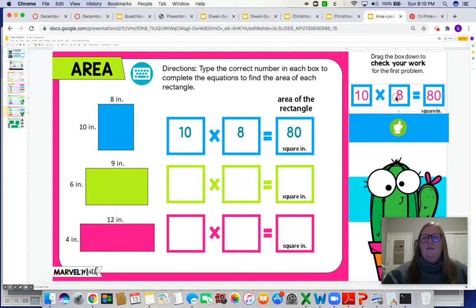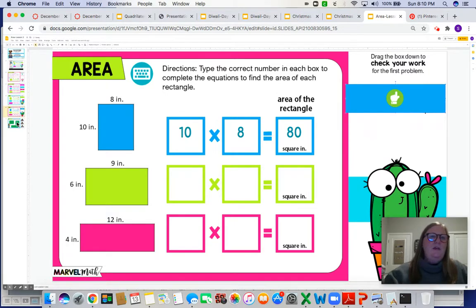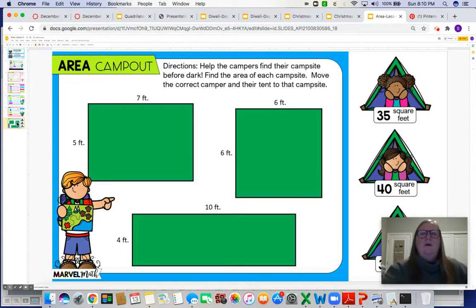The last one is a little bit of fun, I think. It's about camping. It says, help the campers find their campsite before dark. Find the area of each campsite and then move the correct camper and their tent to that campsite. So we're going to do this bottom one down here.